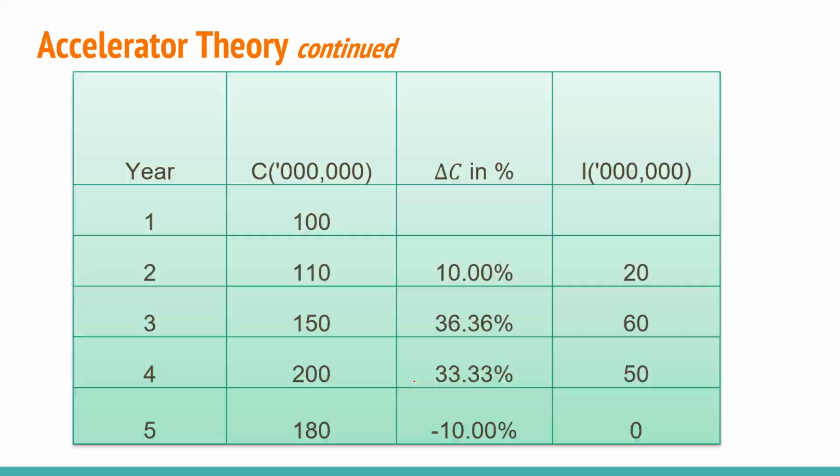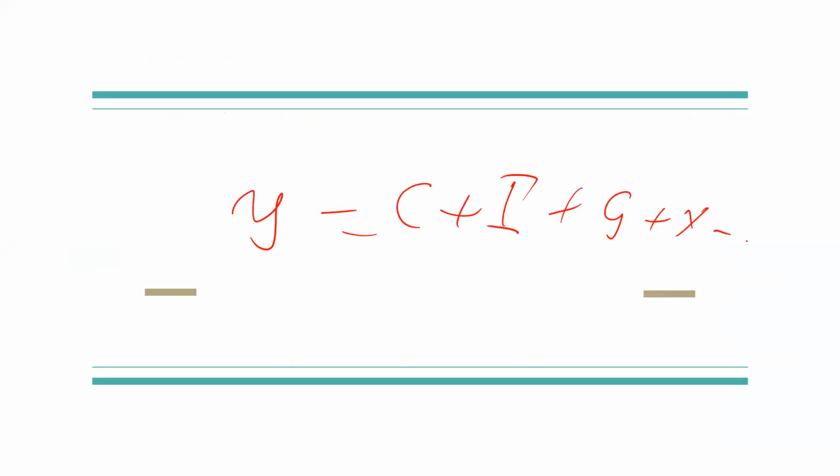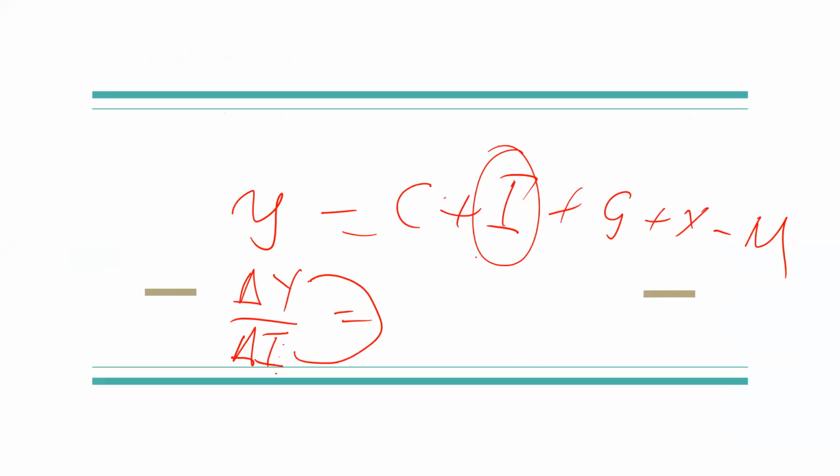This is basically from our equation, right? When you talk about C plus I plus G plus X minus M. So when you look at change in Y over change in I, for example, we're talking about that multiplier in terms of investment, that any shilling due to an increase in public investment has a larger than proportionate effect on the dependent variable.